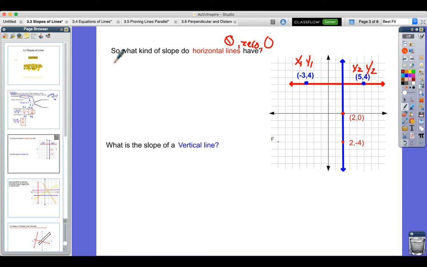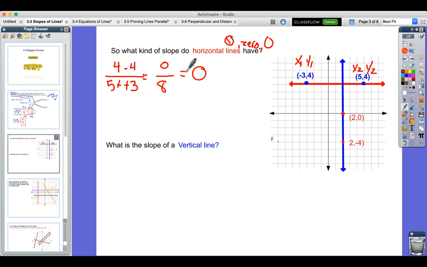We'll do y2, 4, minus y1, 4, over x2, 5, minus x1, -3. 4 minus 4 is 0. 5 plus 3 is 8. 0 divided by 8 is 0. Zero divided by any number will always be 0.